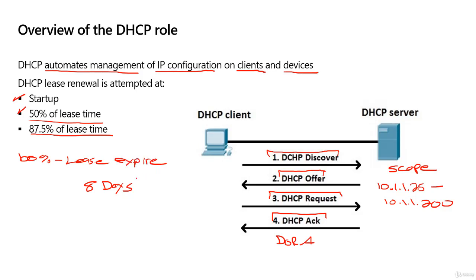Now, that's not really a big deal actually, because what will happen when the lease expires, your computer at that exact instance will send a DHCP discover looking for a DHCP server. So as long as you have your DHCP server, say, back online, it will automatically obtain an IP address and you're back online.